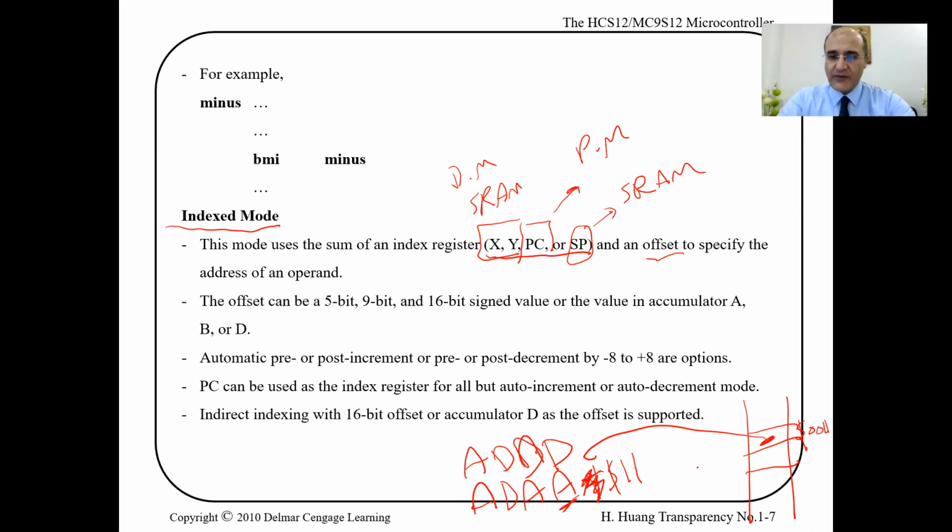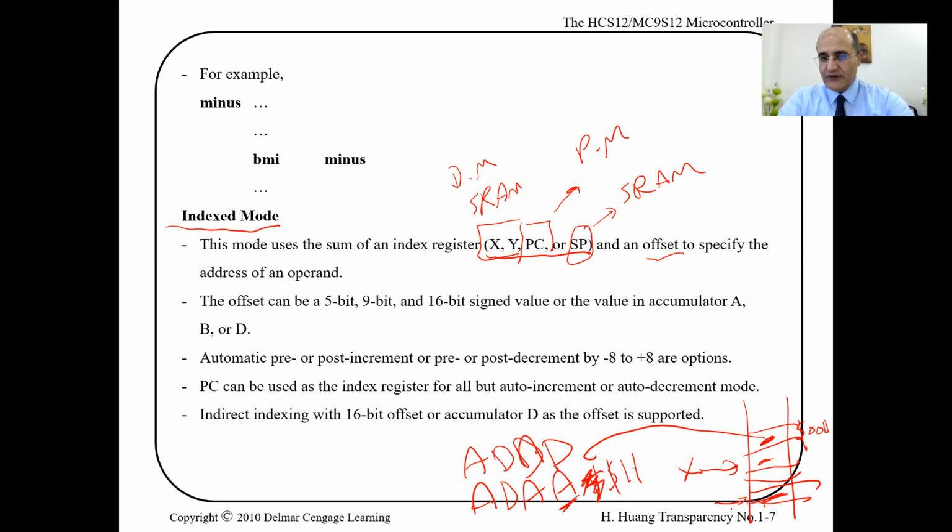Now I want to make X point to somewhere in memory and tell the instruction that the operand that we're going to add is in the memory location that X is pointing to, or Y, or stack pointer, or program counter, plus an offset, maybe X or X plus 3 for example.